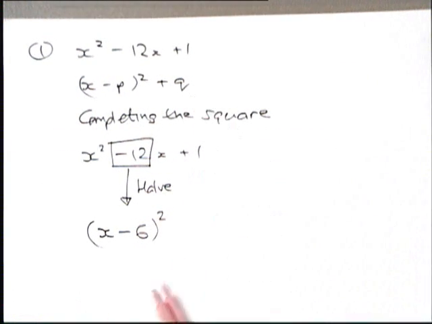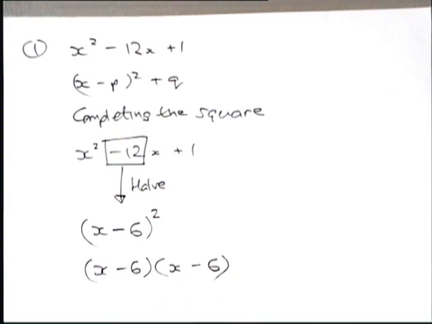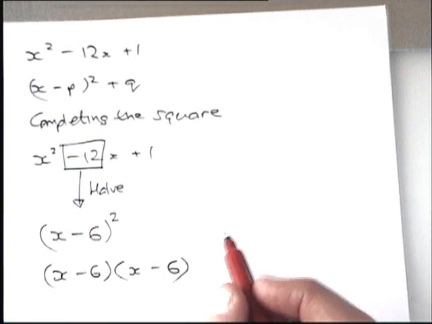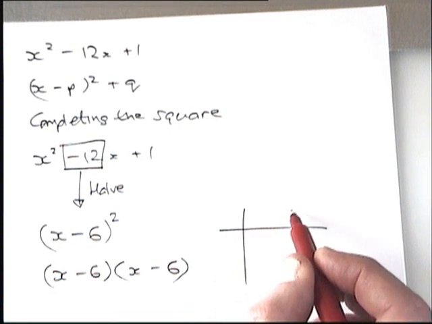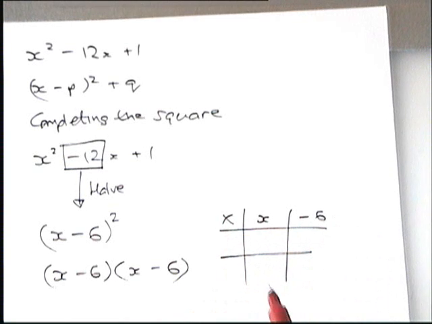Now to find out q, I need to think what this actually is. (x minus 6) all squared is (x minus 6) times (x minus 6). We need to times those brackets together. Whatever way you do it, you could use a multiplication grid. You have x minus 6 times by x minus 6.